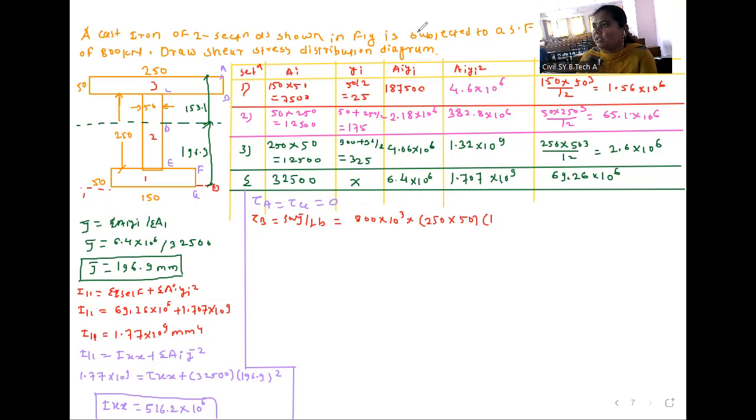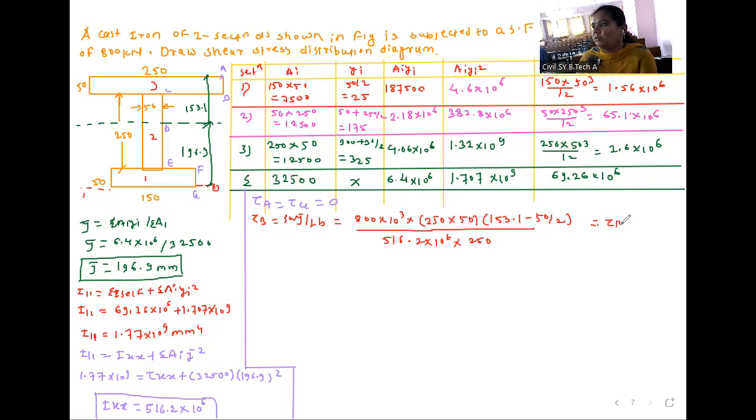153.1 minus 50 by 2. Then divided by Ixx, which is 516.2 into 10 raised to 6, into width, which is 250.